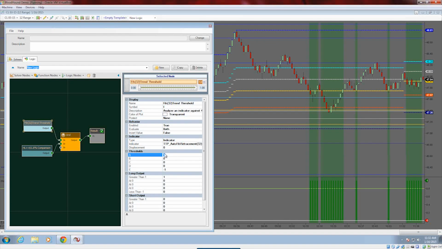So we'll set that +1 here for A, -1 for E. Remember, this always has to be in ascending order, lowest at the bottom, highest at the top. And like I said, an uptrend is set to 1. So we give BloodHound's long output a value of 1 when the data series is yielding the value of 1.